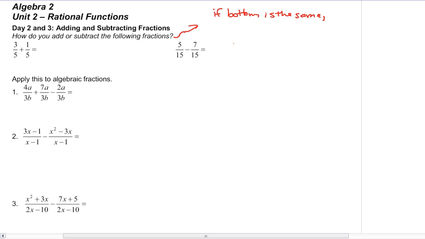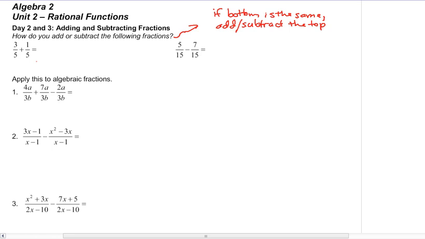If the denominator is the same, then you can add or subtract the top. Okay, if the denominator or the bottom is the same, then you can add or subtract the numerator or the top.